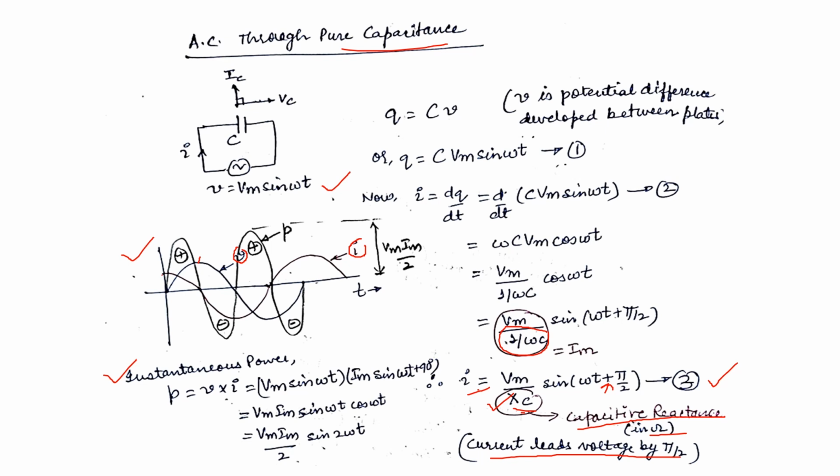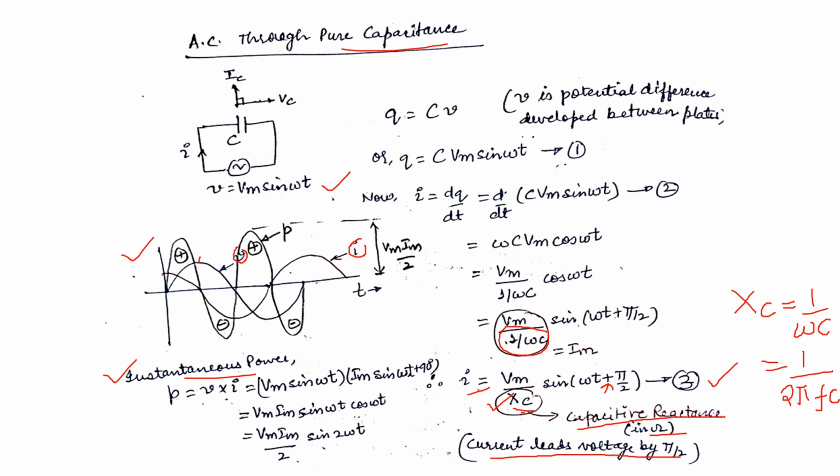Before going to instantaneous power, let us see Xc, also known as capacitive reactance, which is 1 upon omega C. In place of omega, you can write 2 pi f, so that is 1 upon 2 pi f C. Now let us see the instantaneous power.